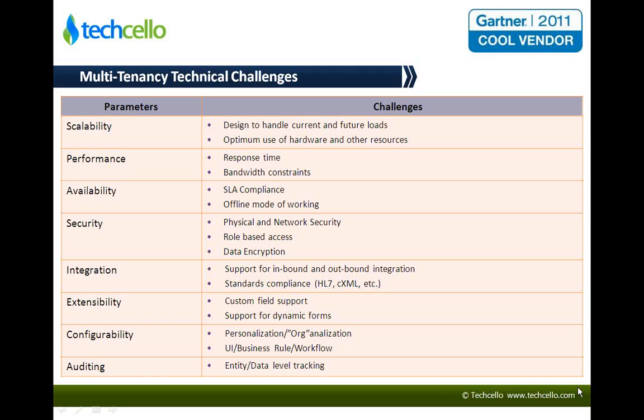It should be as flexible a model as possible so that the tenant himself or herself can come in and define their access control policy and work with it. So the role-based access control mechanism needs to be thought through a little differently in a multi-tenant model compared to a single tenant model. It should be as customizable as possible. We will look at it in a little detail in the coming slides.